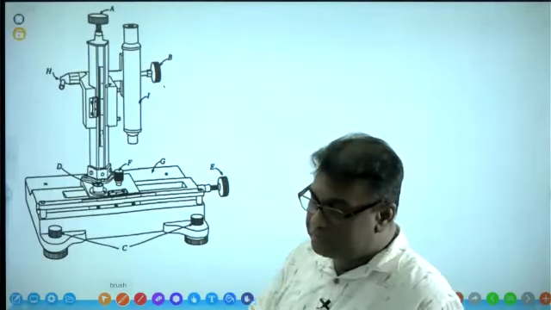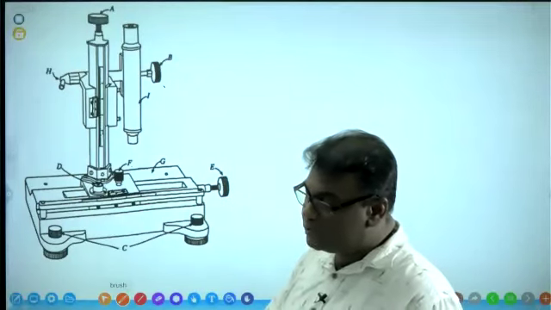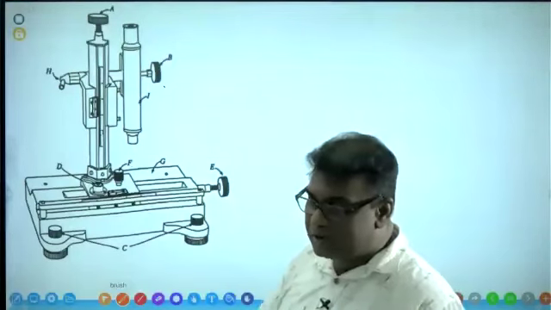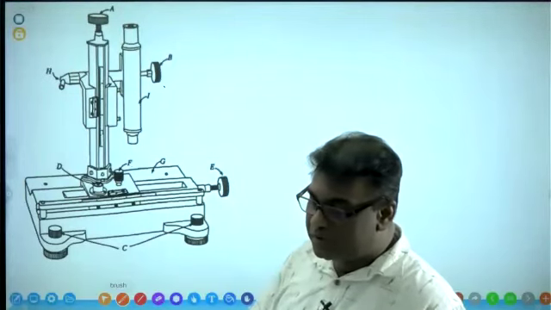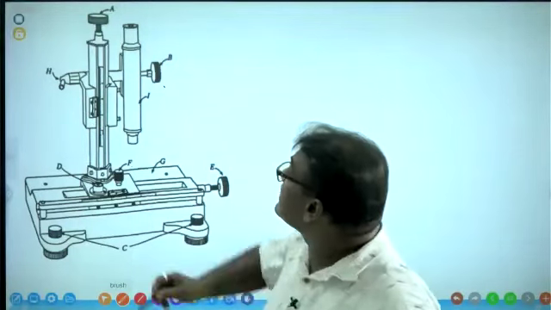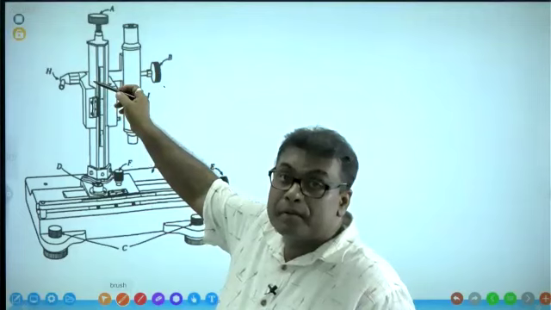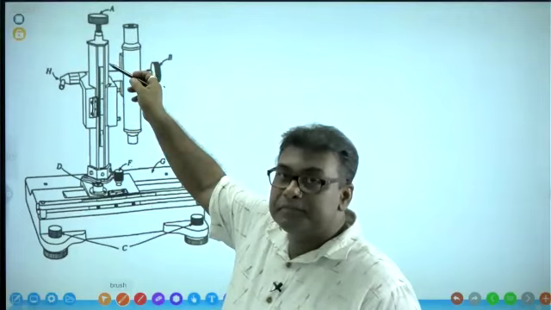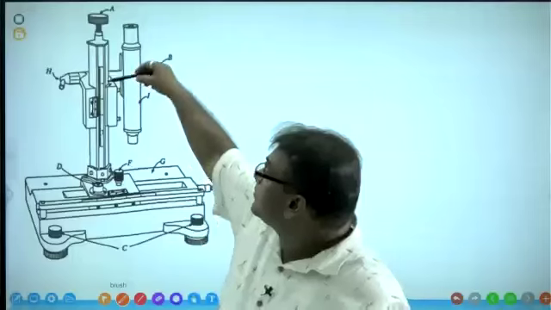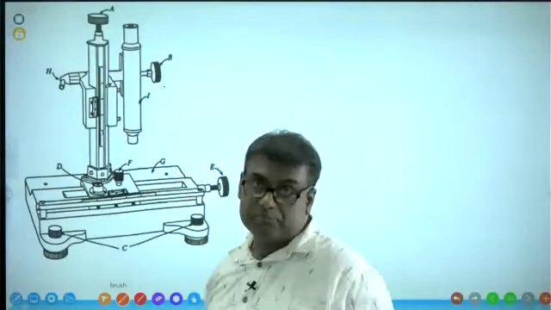Mention the letter of the part which is responsible to prevent the microscope from moving vertically and do only smooth vertical movements, which cannot be seen in the diagram. Yes, that is called the vertical rough adjustment screw. It is laid behind the vertical component, no?